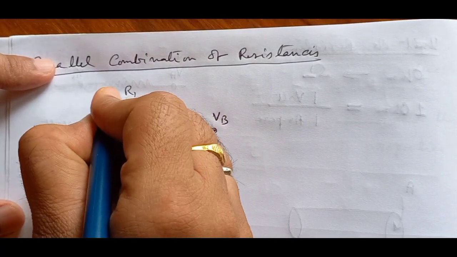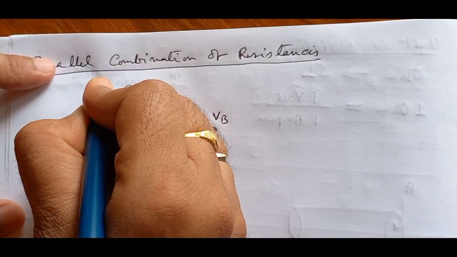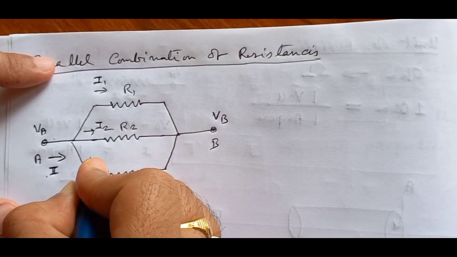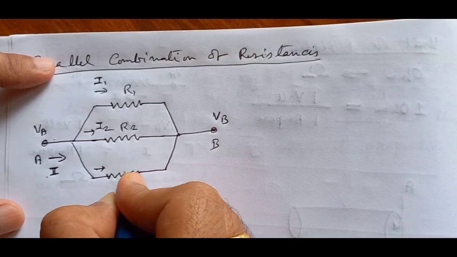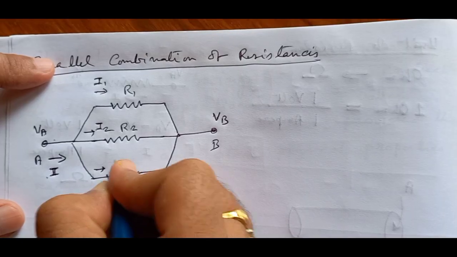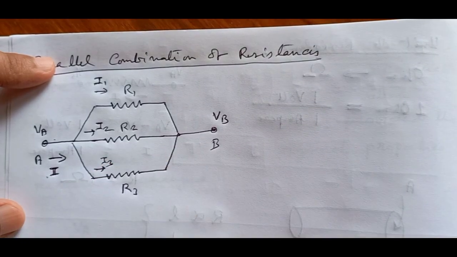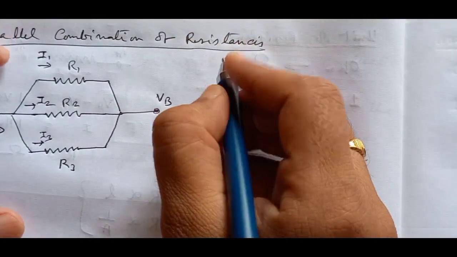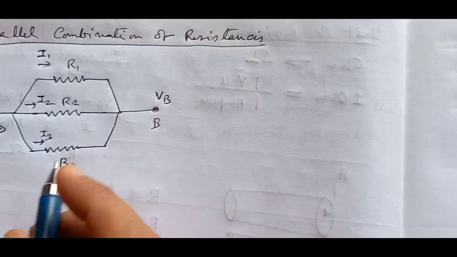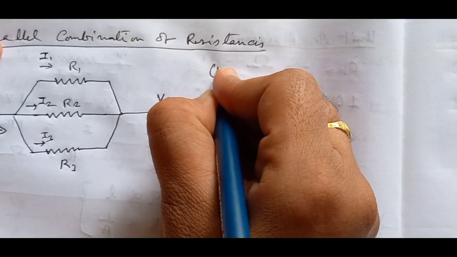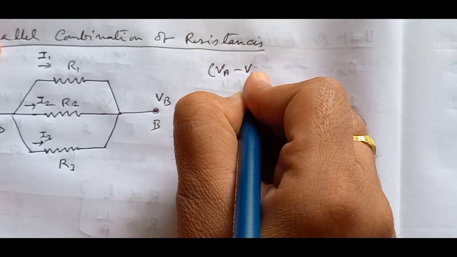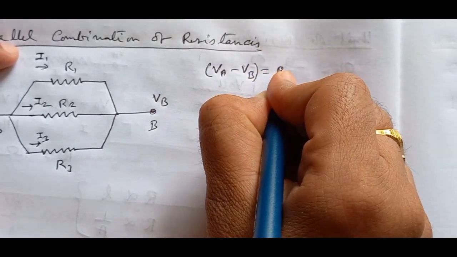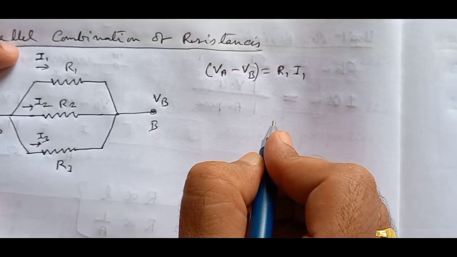The current in R1 is I1, current in R2 is I2, current in R3 is I3. Therefore, for this case, we can write VA minus VB is equal to R1 into I1.